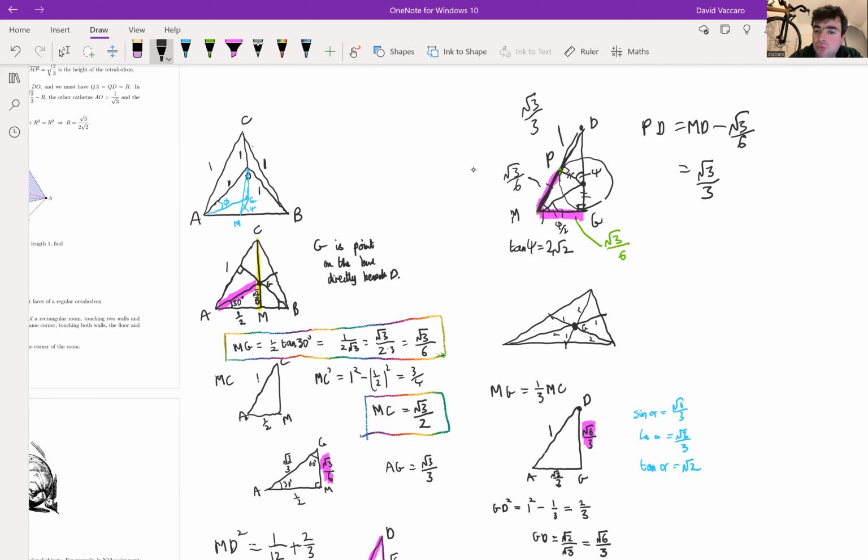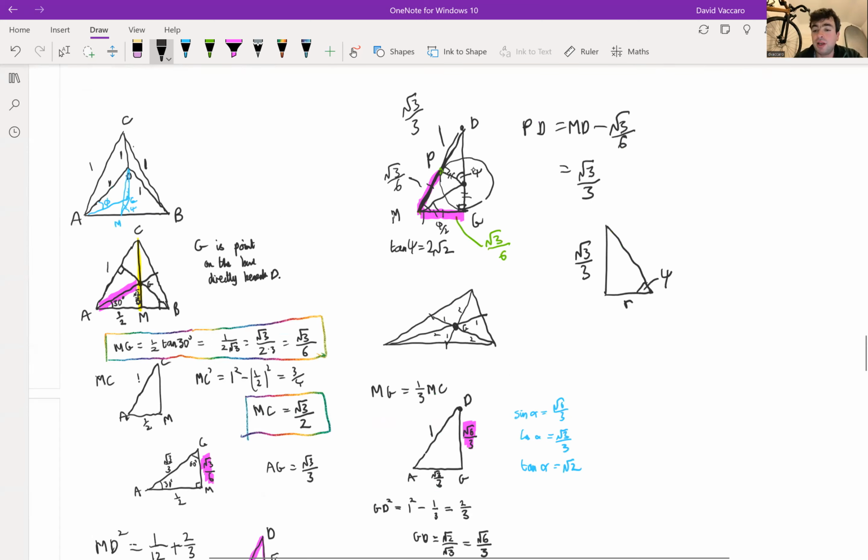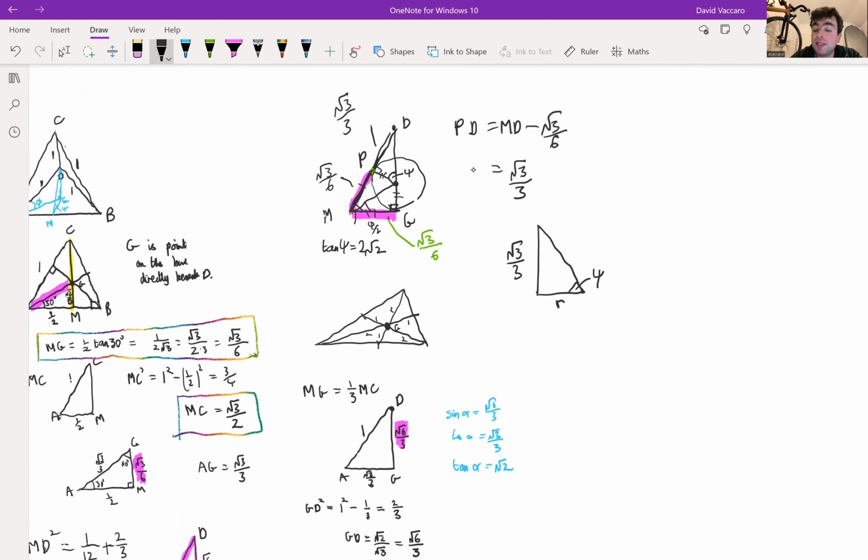But now we've got this right-angled triangle with height root 3 over 3, with angle here psi, and we've now got a right-angled triangle with the inradius. But I know what tan psi is. Tan psi is 2 root 2. So R is just root 3 over 3 divided by 2 root 2.